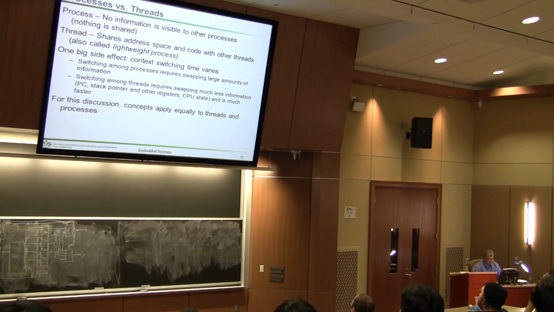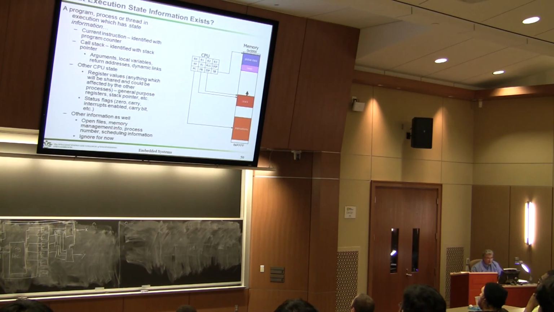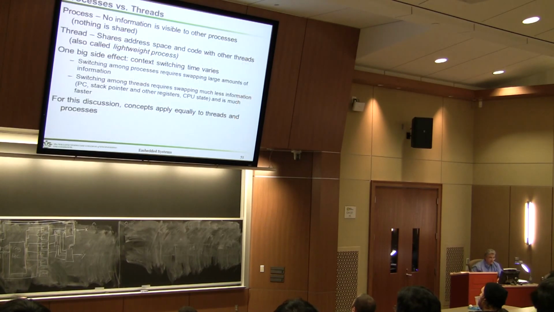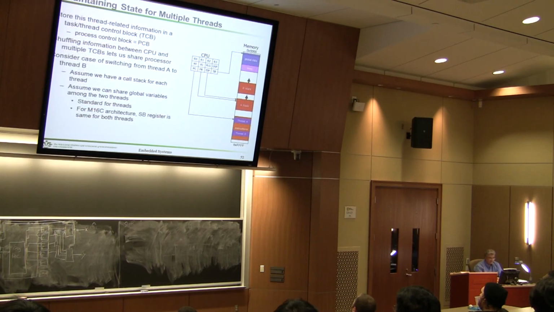Remember our program space up here? So you could have one thread or one process that's running from code up here and another one that's running from code down there. And you're going to have to keep track of where it's running. Because remember, we're sharing our entire processor between multiple processes running at one time. So if we have two threads, thread A and thread B, they are located in this location and this location.